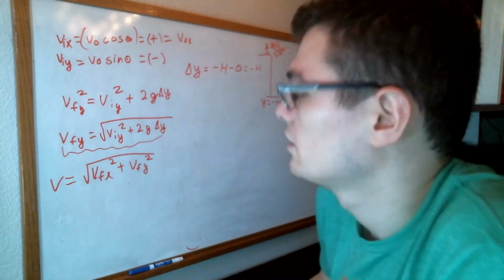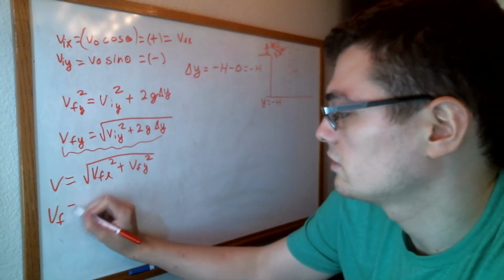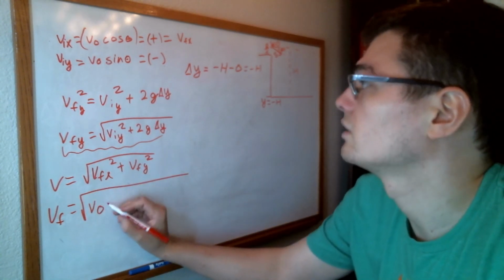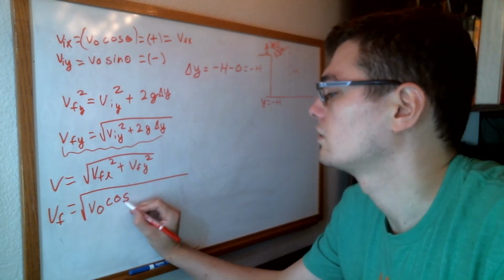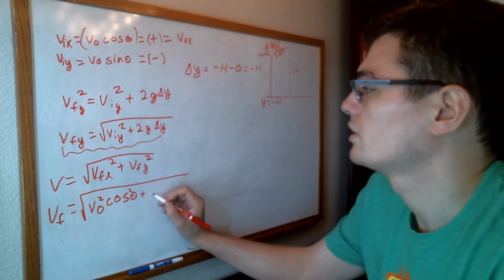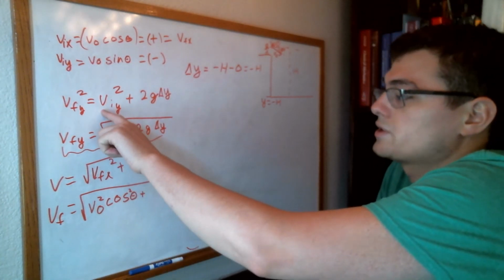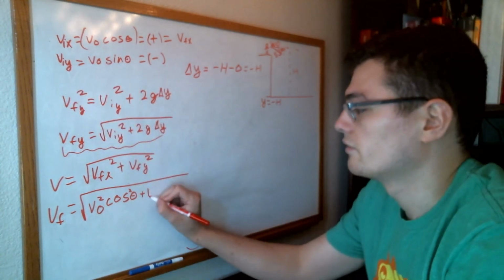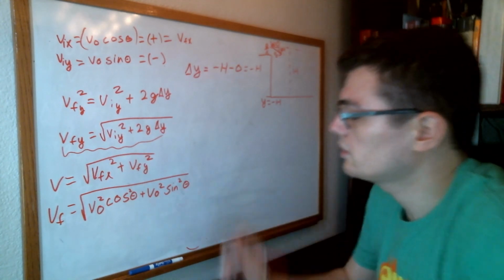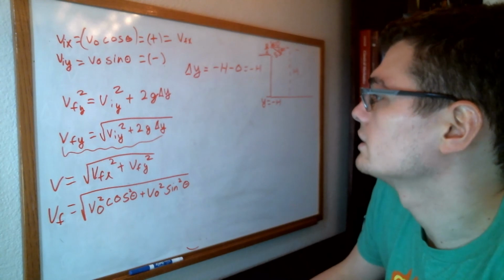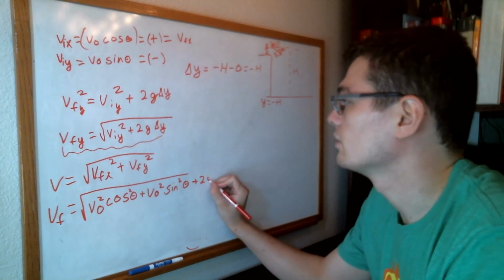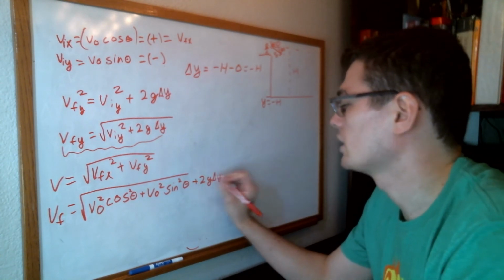So v final is going to be equal to the square root of v naught cosine theta, squared, plus viy squared, but viy squared is v naught squared sine squared theta, and then we add on our extra factor of 2g delta y, all inside the square root.